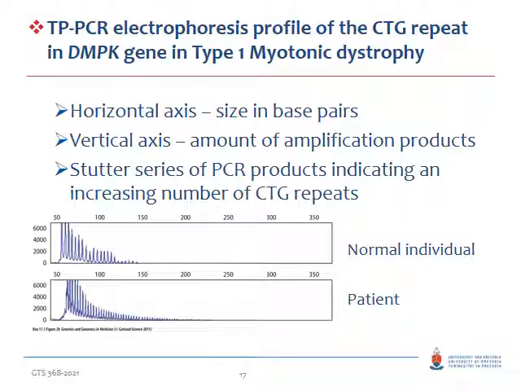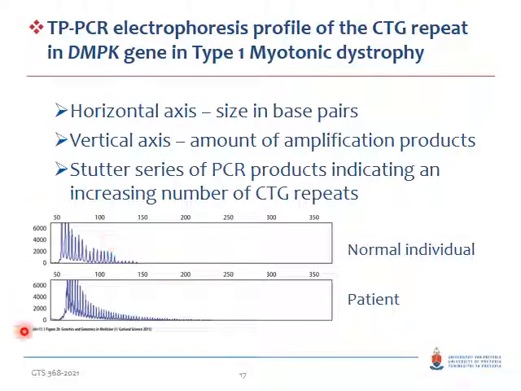In this example of a TP PCR electrophoresis profile of the CTG repeat in the DMPK gene in type 1 myotonic dystrophy, we see the horizontal axis is the size in base pairs, and the vertical axis is the amount of amplification products.